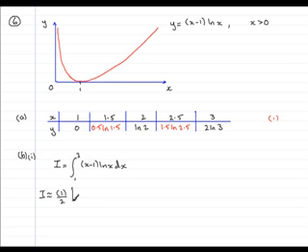Then it's the first height, which will be the first y value, which is 0. I'll put that in just to show that I've used that. Then it's plus 2 times the sum of the middle heights. The only middle value we've got is the one associated with x equaling 2, which is the natural log of 2. So it'll be 2 times the natural log of 2.